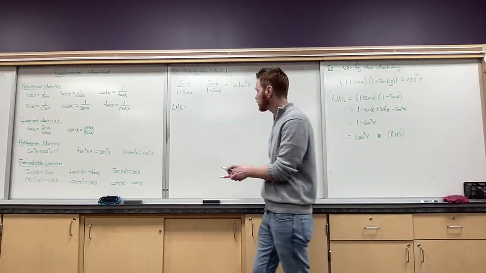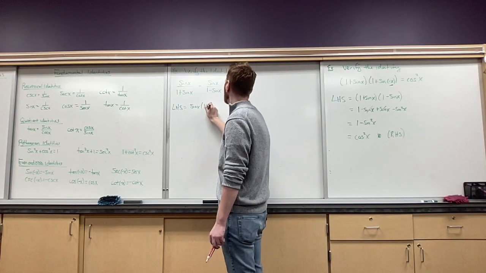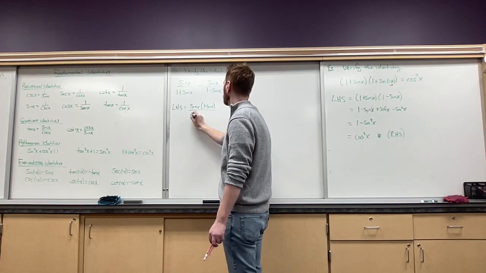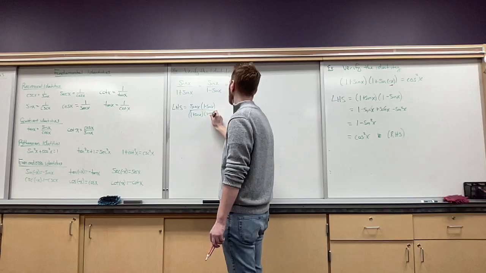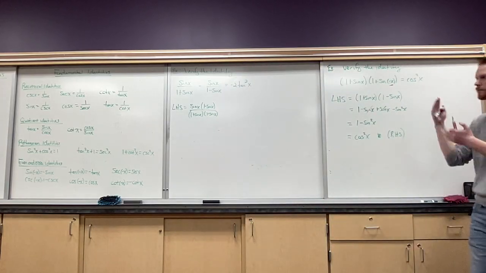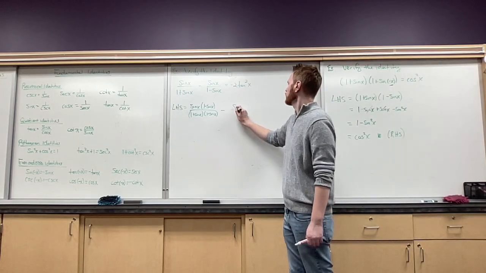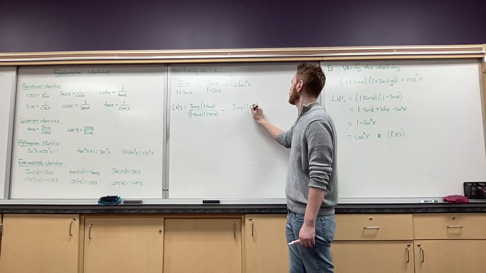Okay? So let me go ahead and show that here. So this will be sine of x, 1 minus sine of x over 1 plus sine of x, 1 minus sine of x. That's me multiplying the first fraction.